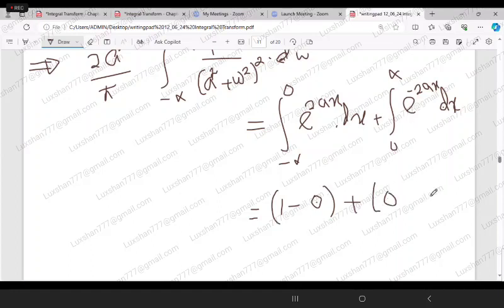When I put 0, anyway, I'm making a mistake. Minus 2. Yeah, that's correct. So where am I making the mistake? Wait a minute, I'll check that one.